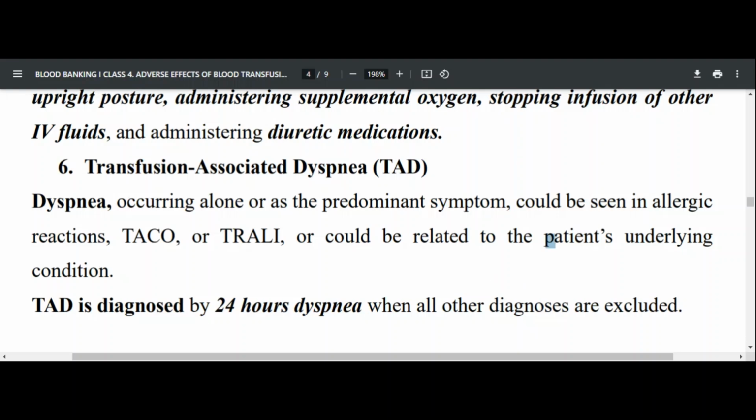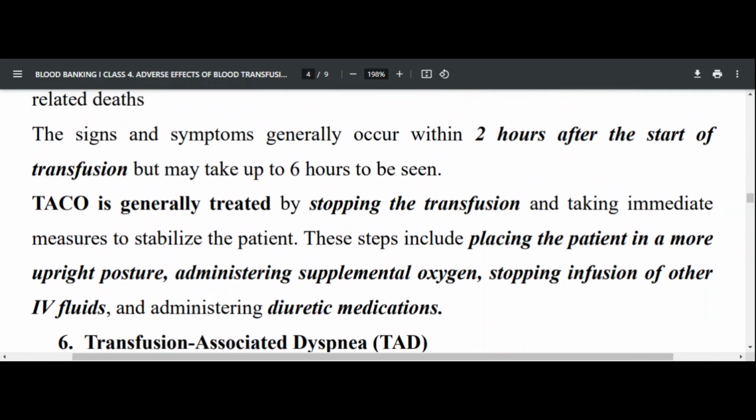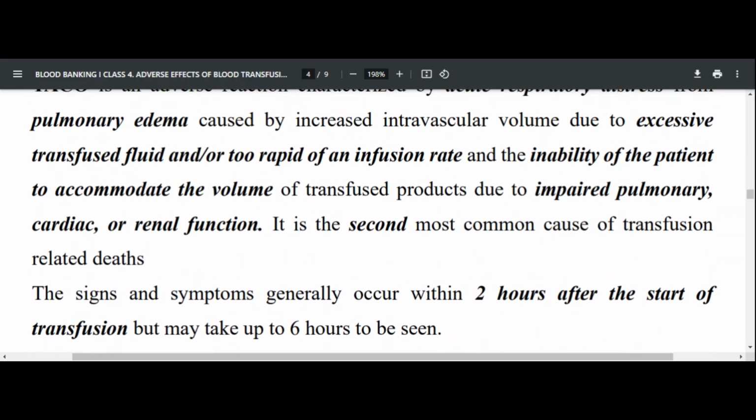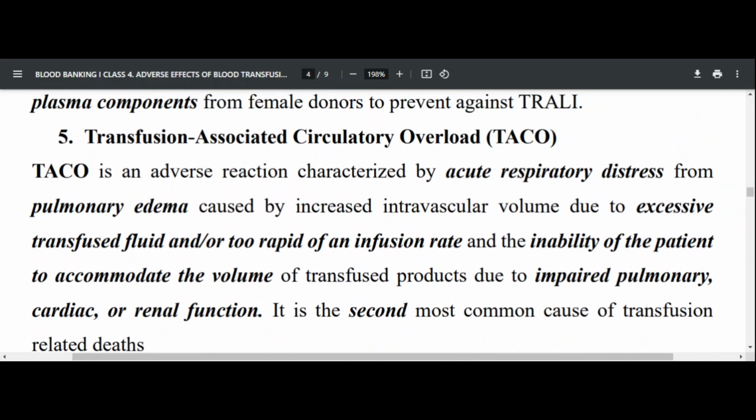We normally look at symptoms, because TRALI includes other symptoms that are not seen in TACO. Patients would experience, for example, hypertension and hypothermia. That happens in TRALI, but in TACO it is only about respiratory distress problems.